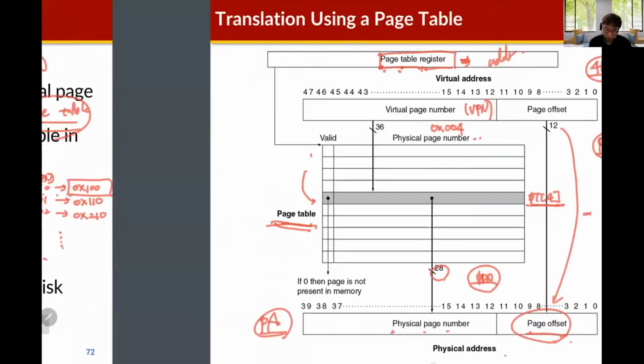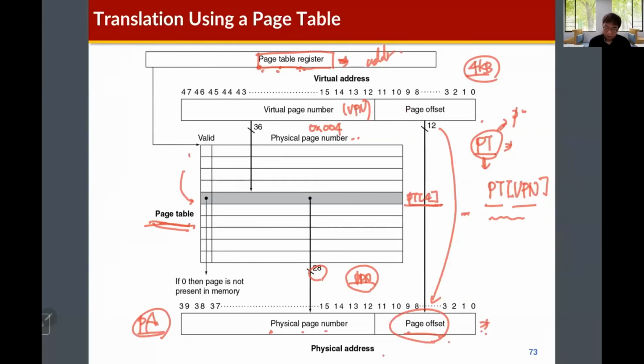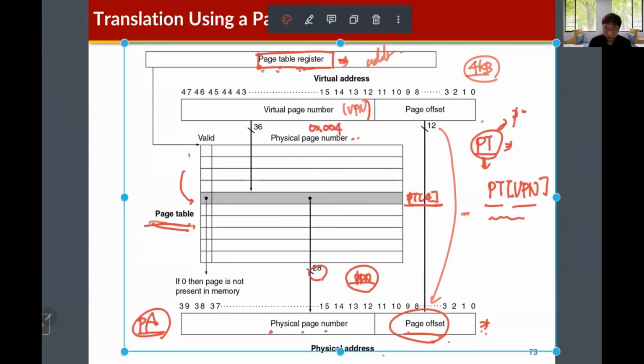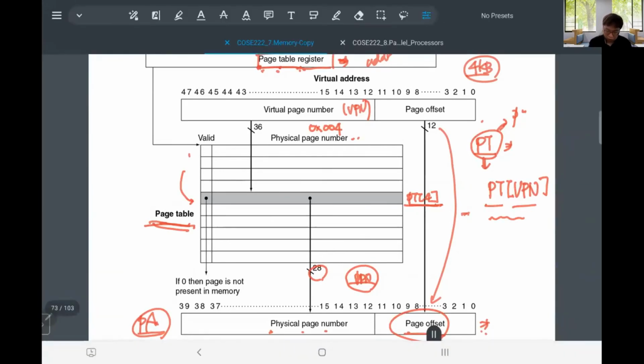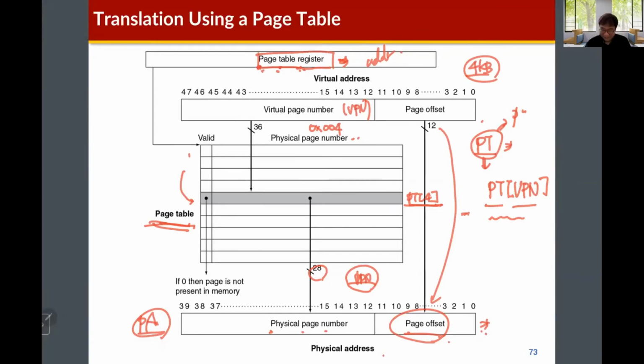In order to support this translation, the operating system provides a data structure called the page table. This is a data structure like an array, and the index becomes the virtual page number.